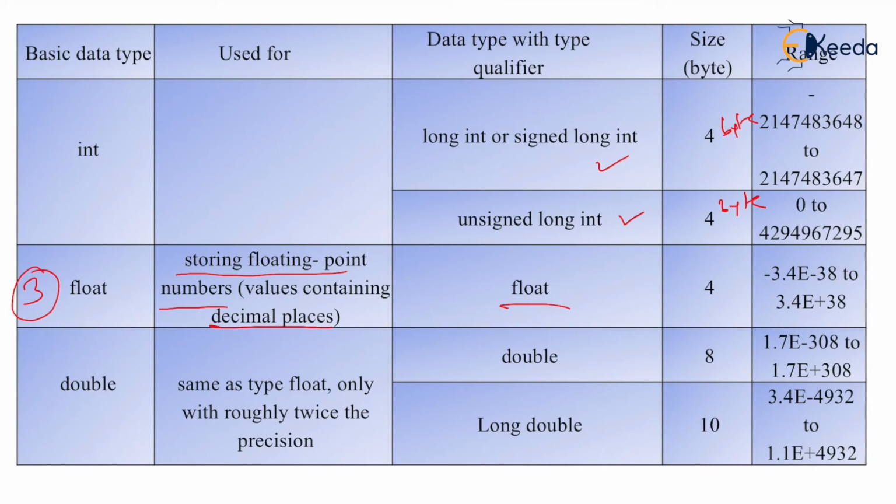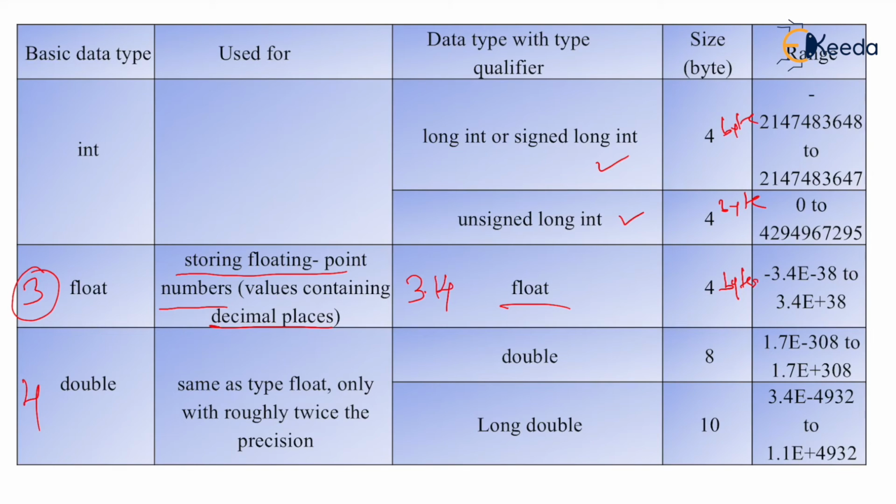But the size for the float is 4 bytes. Now, if you want to store a small amount of floating or decimal point data, like the pi value, 3.14, I can store this value with the help of float data type.